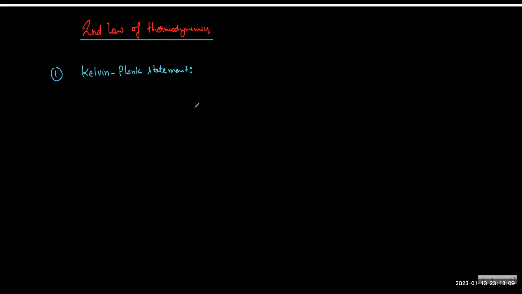This is the first statement by Kelvin and Planck. In other words, it is impossible to convert all heat into work. So some heat will be converted into work and the rest of the heat will dissipate, be thrown out, be lost.